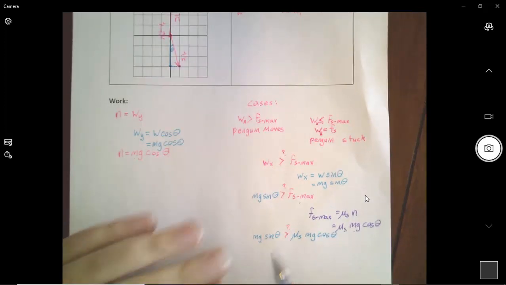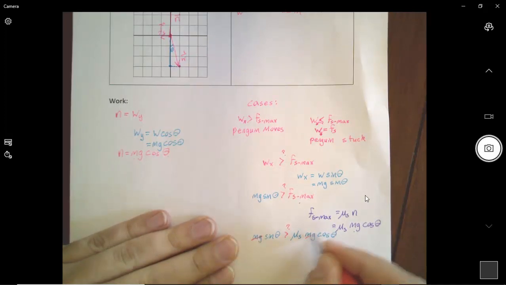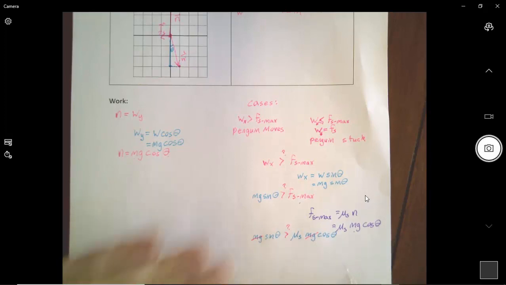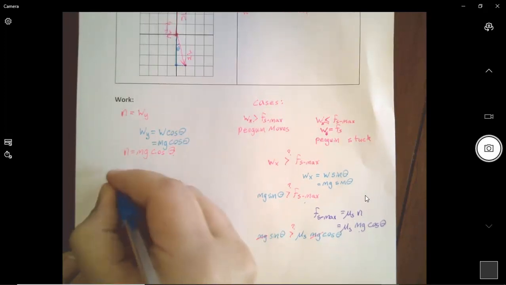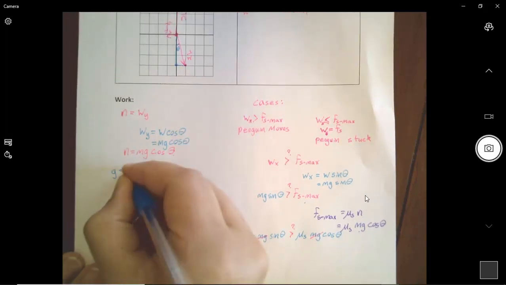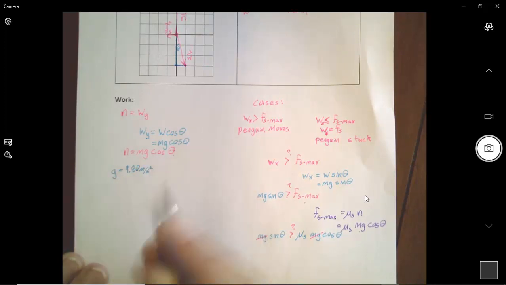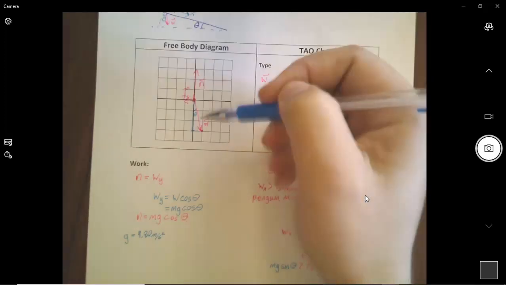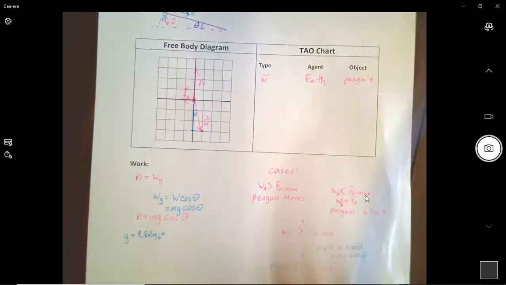So look at what we have on both sides here. We have an mg that we can divide. mg is always positive. Remember, when we have the letter g, the letter g itself is equal to 9.80 meters per second squared. And when we're talking about applying it as a vector in the y direction, that's when we put in the plus or minus.